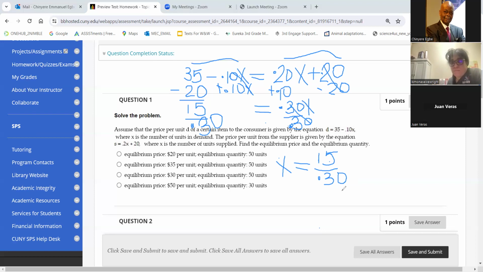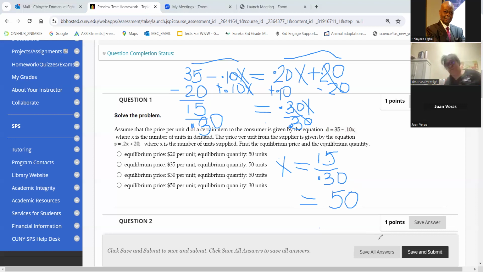So x is 50. That means that the buyers want to buy 50 and the sellers want to sell 50. Now, if the buyers want to buy 50 and the sellers also want to sell 50, that means the price is the same thing for both sides. So now we plug 50 into x on both equations.